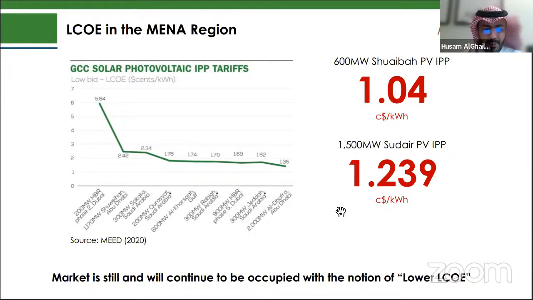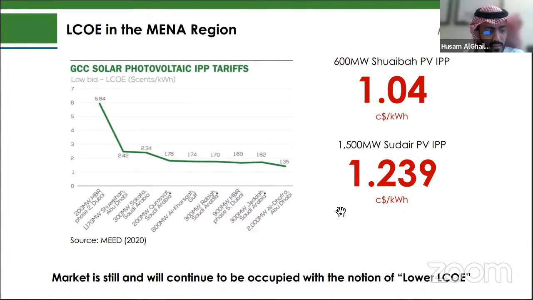I think the story of the LCOEs in the region is probably well known to everyone. From where we started back in the 200 megawatt Shuaa project in Dubai, all the way to the last two tariffs.